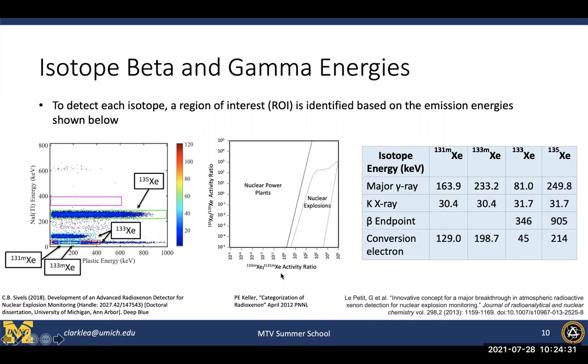So scientists were able to determine this line of discrimination of what the activity ratios would be if something were a nuclear explosion versus a nuclear power plant. So you can see we have the ratios of 135 and 133 here, and then also the metastable states down here as well.